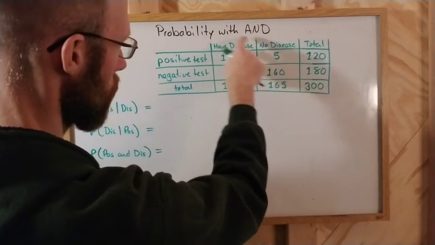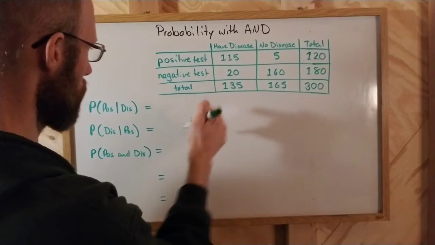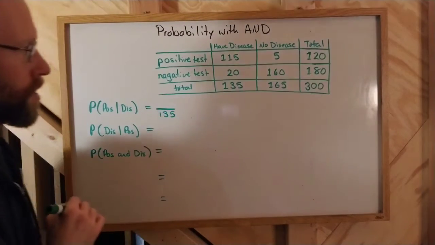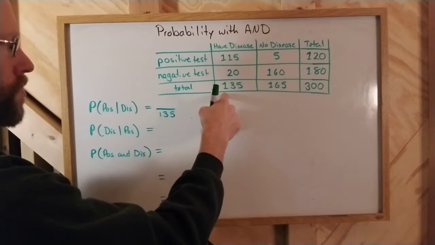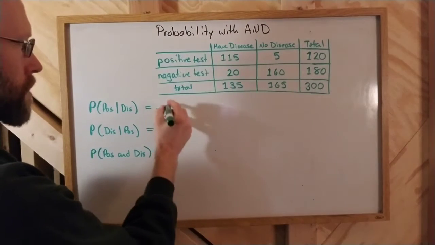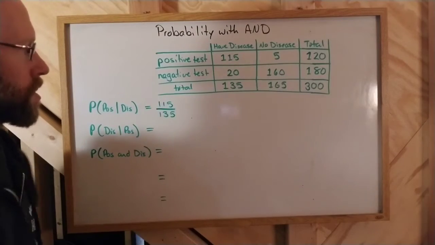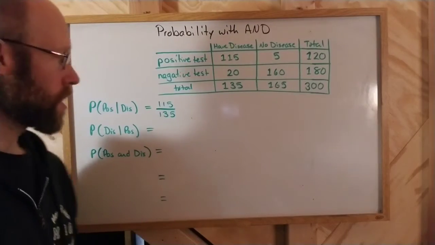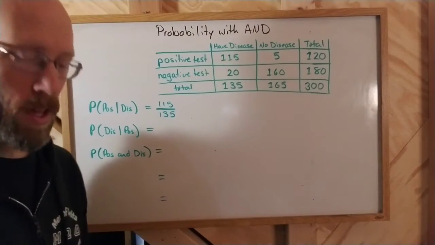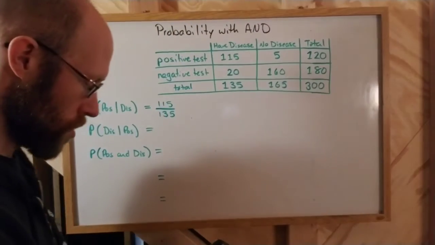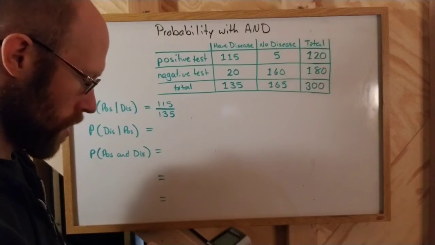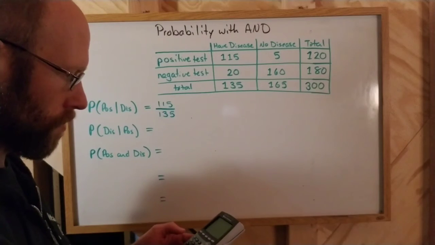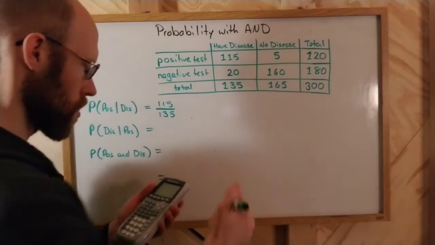So given the disease, of all the people who have the disease, there's 135 of them. We're assuming that they have the disease, and out of those 135, 115 got a positive test. So the probability of a positive test given that they had the disease is 115 out of 135. We can reduce that: 115 divided by 135 reduces down to 23 over 27.